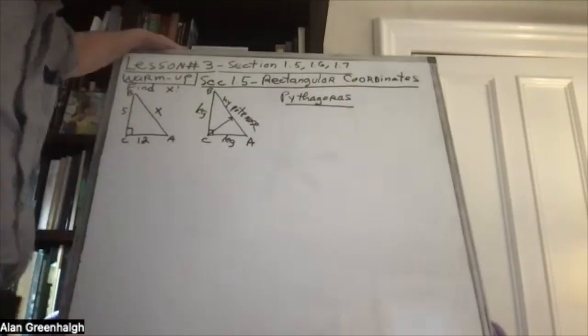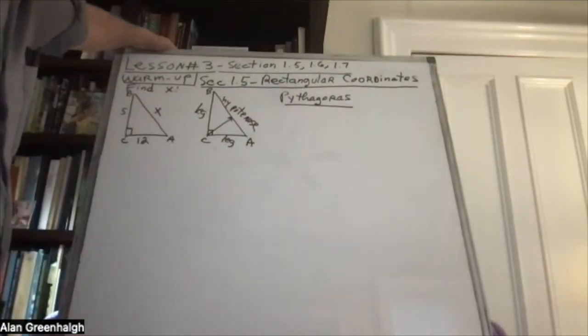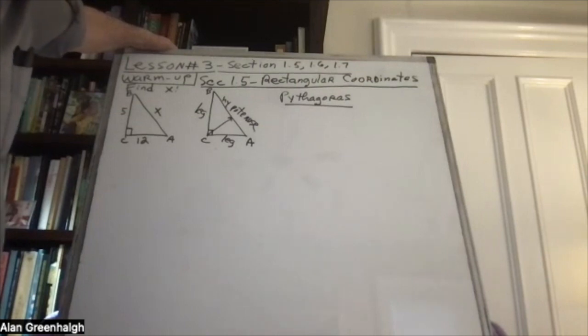Pythagoras was a Greek mathematician who did something really special a long time ago, over 2,000 years ago. He created a school in Alexandria, Egypt at the time, and the purpose of the school was to teach people mathematics.